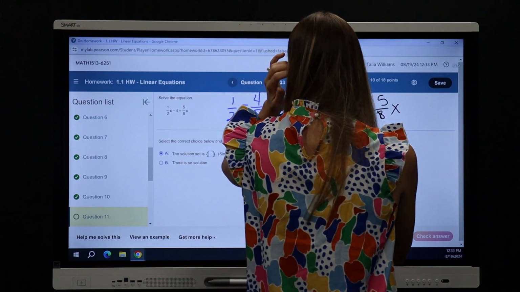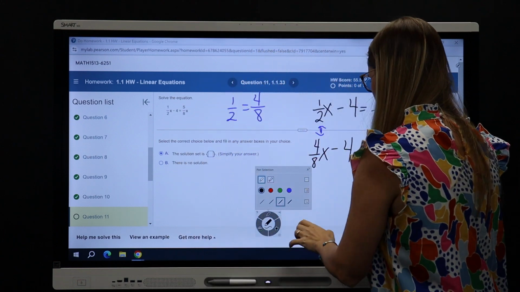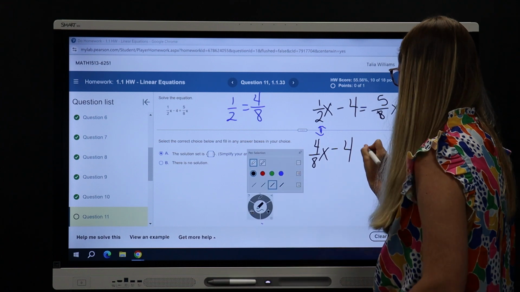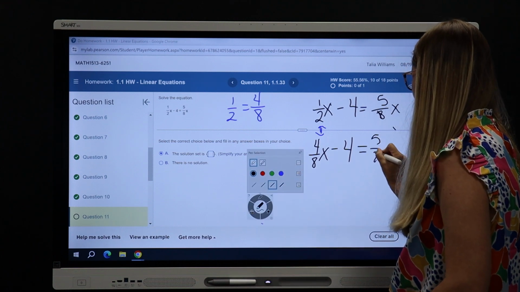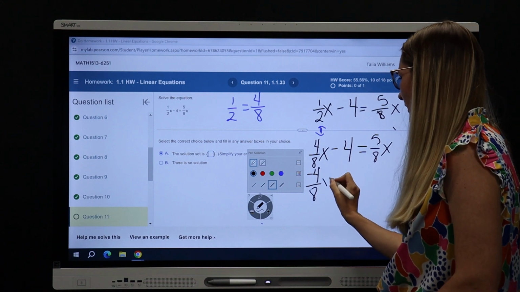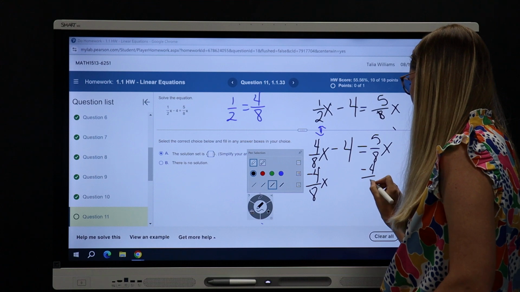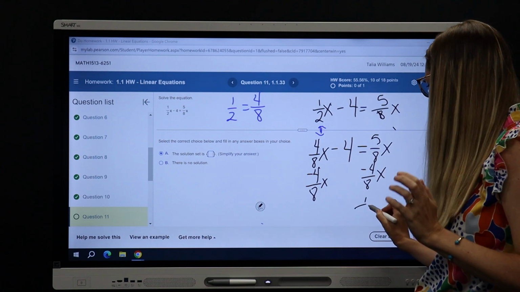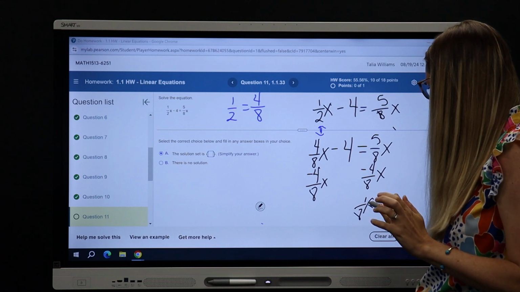Cool. All right, and then I'm going to have subtract 4 equals 5/8 x. So I'm moving 4/8 to 5/8 because 4/8 is less than 5/8. 4 subtract 5 is going to give me 1/8 x.